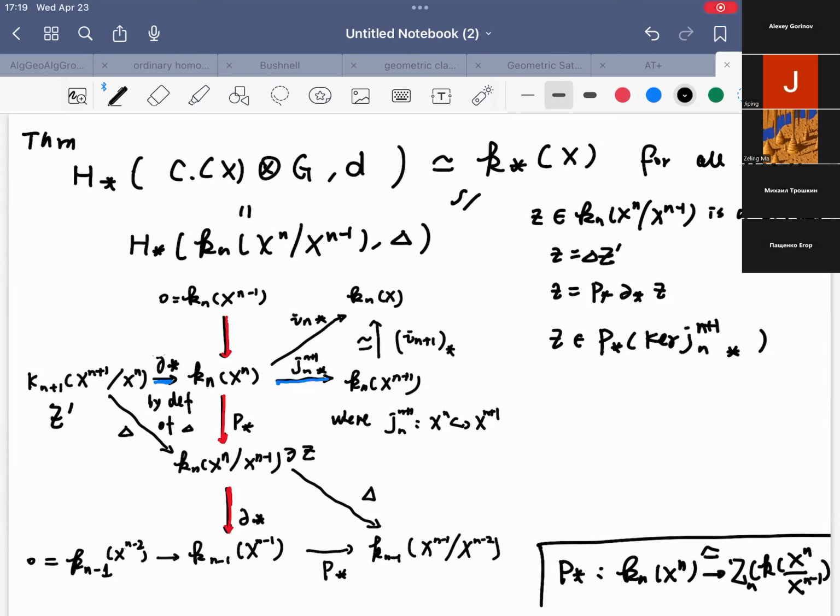Then you use the isomorphism. This is an isomorphism, so the kernel of this one is exactly the kernel of this one.